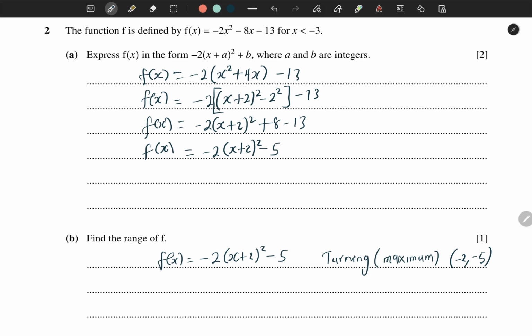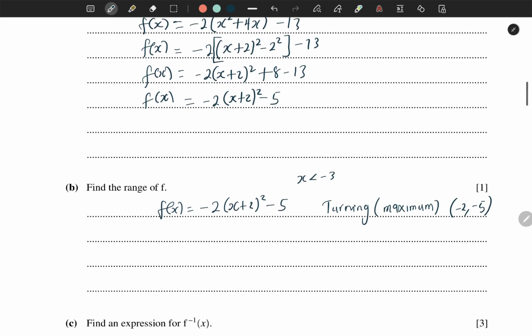But we have to consider the domain here. Domain is x less than minus 3. Like we always say, before you can choose the turning point, I mean the maximum as your maximum value or the minimum point as the minimum value, the turning point must be included in your domain. When you look at this, the turning point you have here is at x equals minus 2, and of course minus 2 is outside this domain.